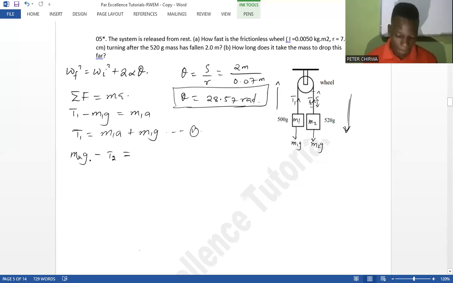So the weight of mass 2 minus the tension of mass 2 gives us also motion. So we make T the subject of the formula. We're going to have T2 being equal to the weight minus that. So let that be our equation 2.